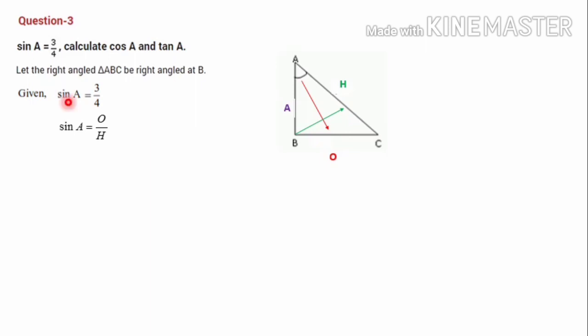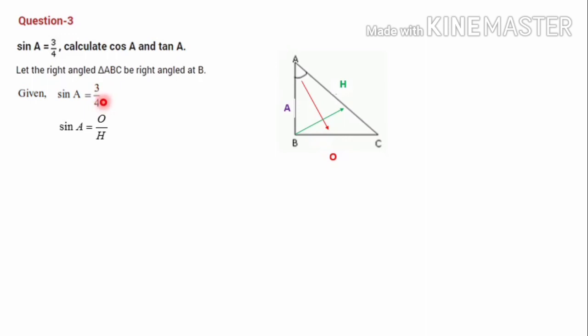Then when you look at sin A equal to 3 by 4 and the formula sin A equal to O by H, on the right hand side, instead of O here 3 is there, instead of H here 4 is there, meaning O is equal to 3 and H is equal to 4. But we cannot write it like that, because sin A equal to 3 by 4 is in simplest form.